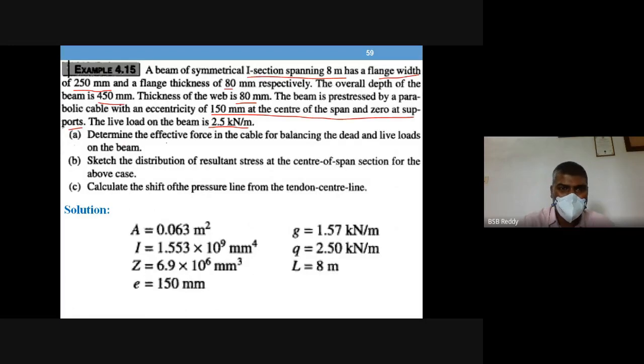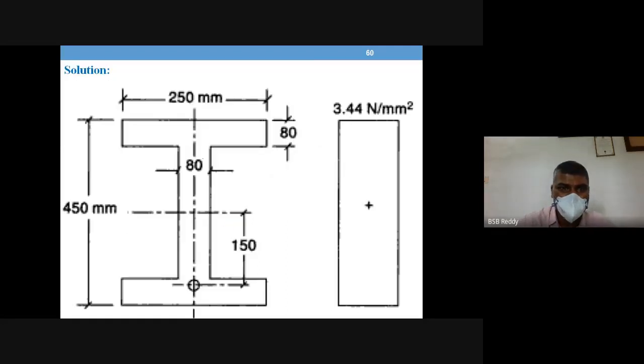So the question is to determine effective force in the cable for balancing the dead load and live load, sketch the distribution of resultant stress at center of the section, and calculate the shift of pressure line from the tendon center line. So cross-sectional area shall be calculated from this given cross-section. That is I section given to you with all the dimensions.